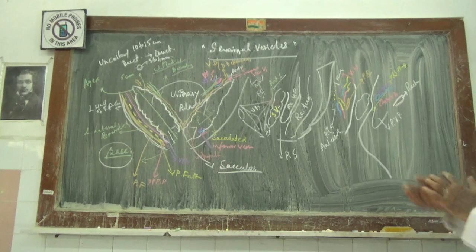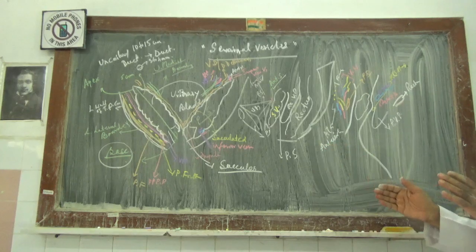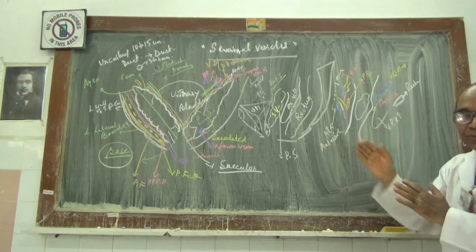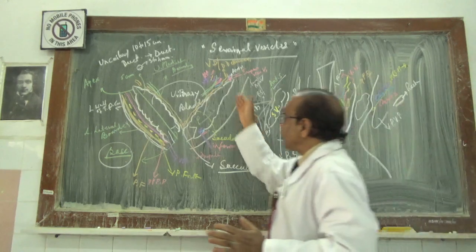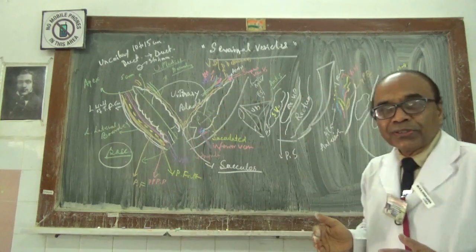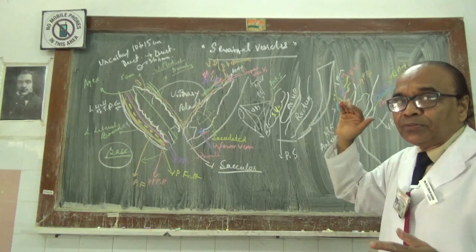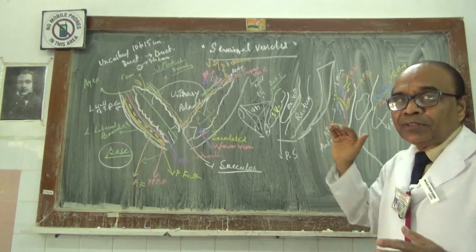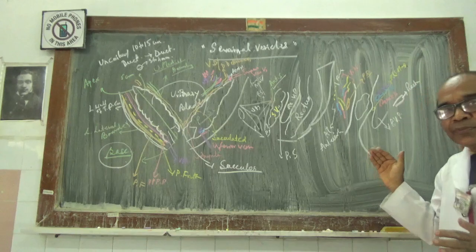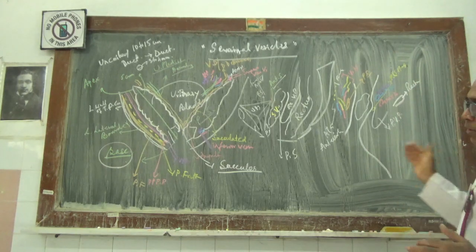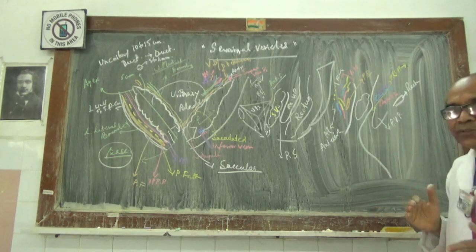Now after having had these relations, the surface has been finished. After having the surface and the borders, when you explain these borders as well as the surface, you have to explain the visceral relations. So it has been finished.